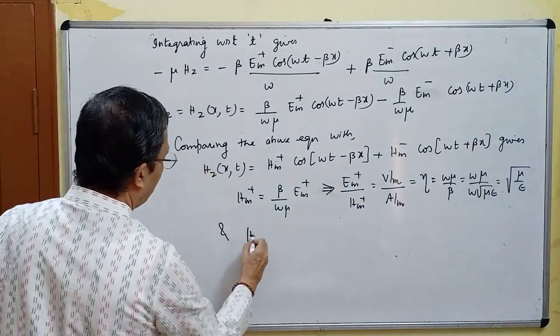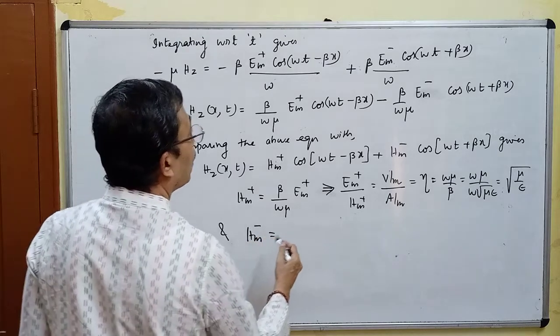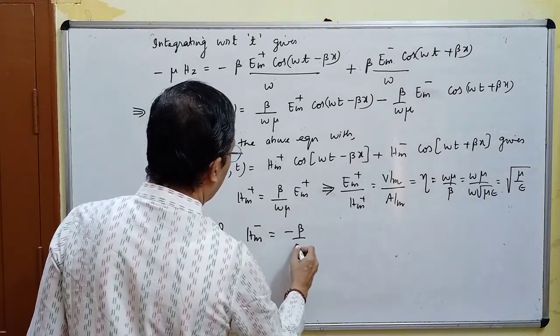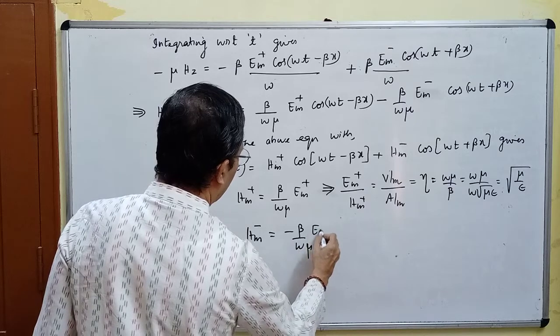And what is Hm−? Hm− is minus β divided by ωμ into Em−.